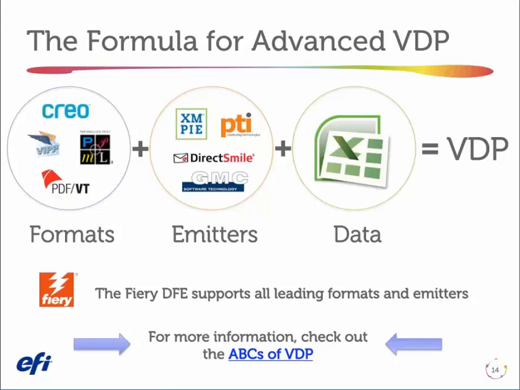The Fiery allows you to use any combination of them. In the case of SendOutCards, that meant that they did not have to change their main VDP workflow, which is based on VPS. For more info, I would like to invite you to download and read our ABC of VDP, which is part of our ABC series on digital print. On the slide, which we will share after this session, you can see a link to this ABC of VDP.